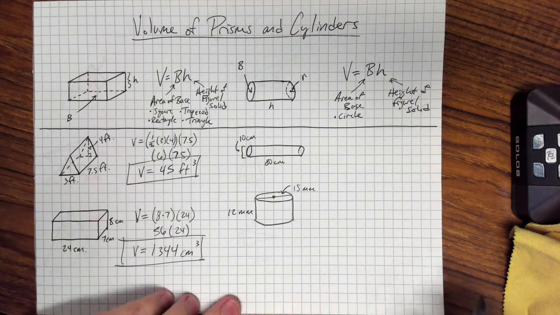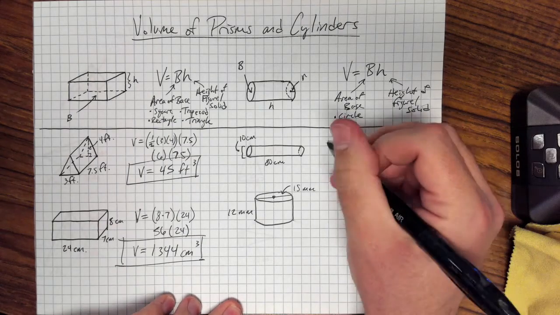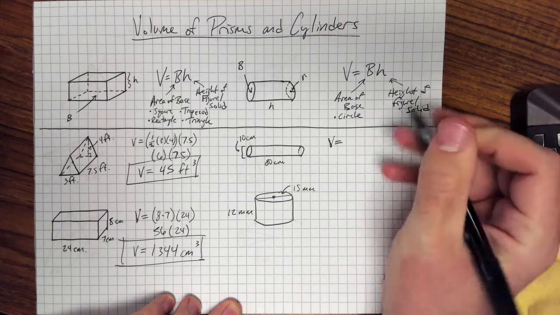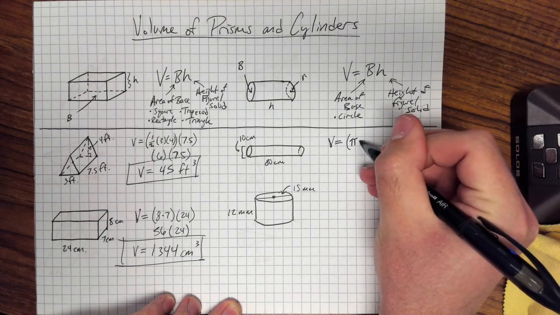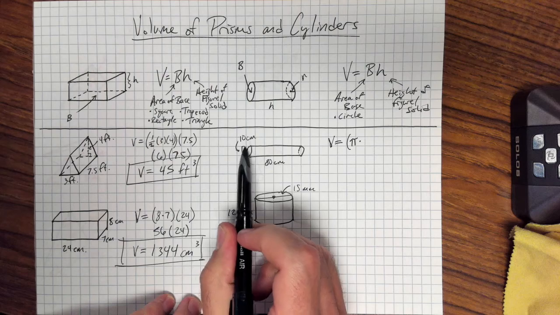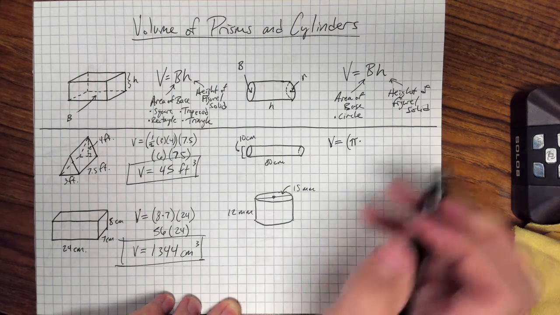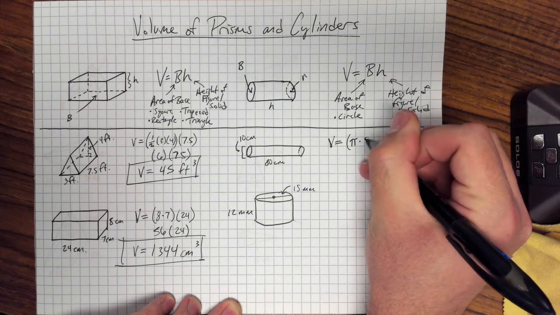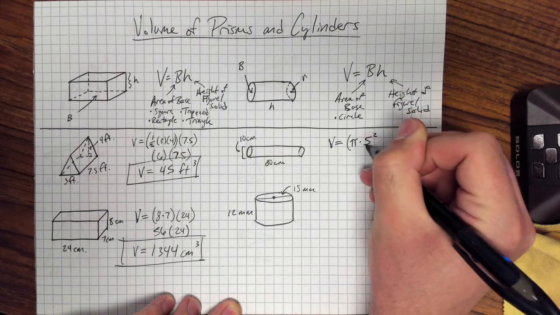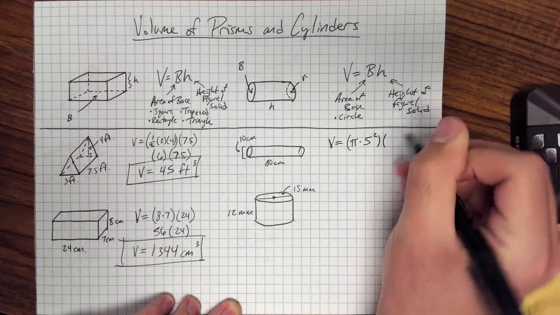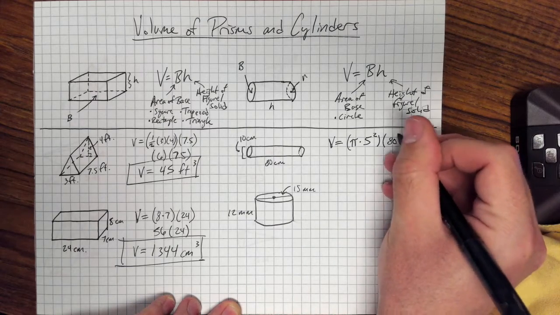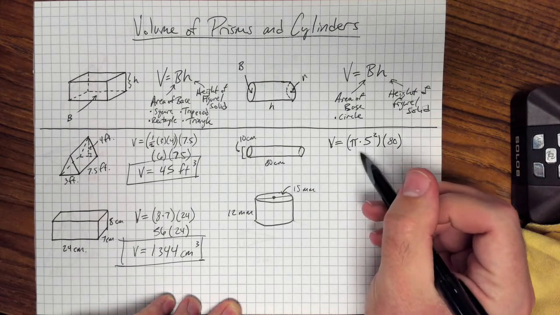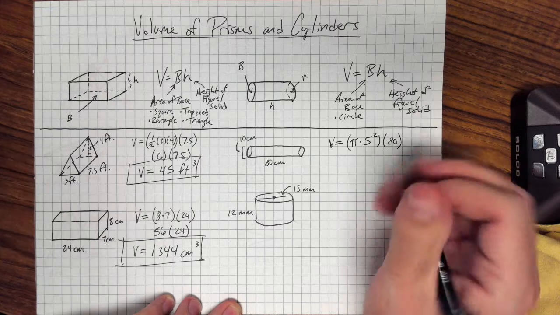Now, volume of a cylinder, the area of the base, it's a circle now, so pi r squared. Pi times the radius, the diameter is 10, so the radius must be half of that, so that's 5. So pi times r squared times the height of the cylinder when you sit it on its base would be 80. And again, don't mess with the pi yet. Leave it alone.